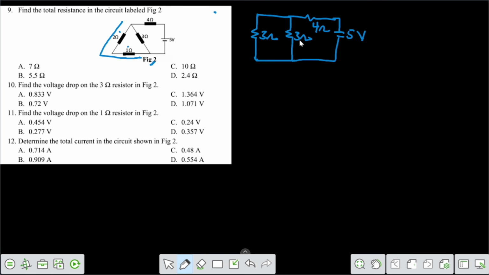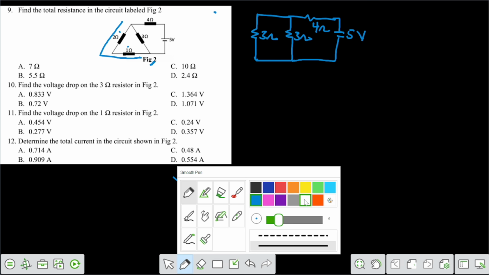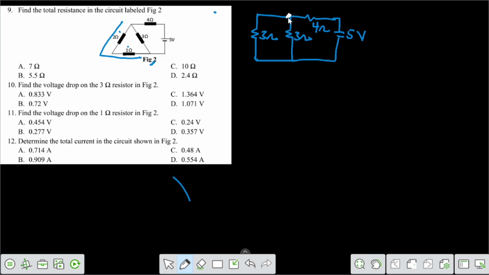So we can solve this and this in parallel. Why are they in parallel? Because the two terminals are directly connected together. So we have 3 parallel 3, which is 3 times 3, all over 3 plus 3, and that will give us 1.5 ohms.